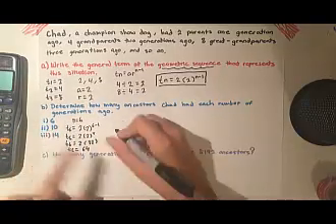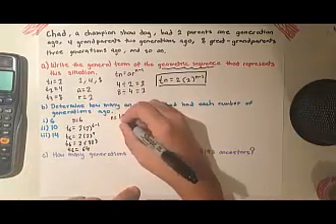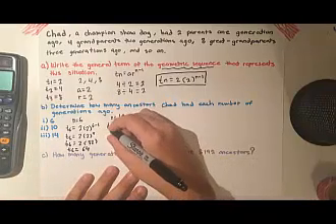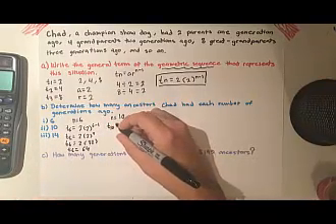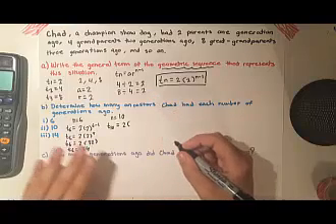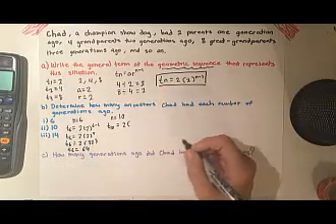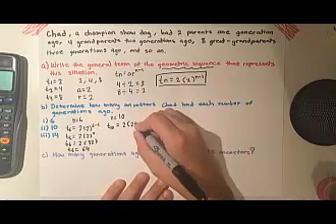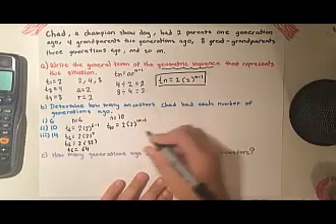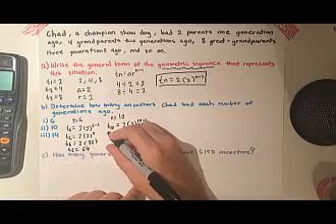So let's try the next one. They're saying n equals 10, so 10 generations ago. So we're trying to find T10, which equals 2. Same thing as before, we're using the same equation from A, and we're plugging in n with a different value. So here's n, 10 minus 1, because 10 is the n that they gave us.